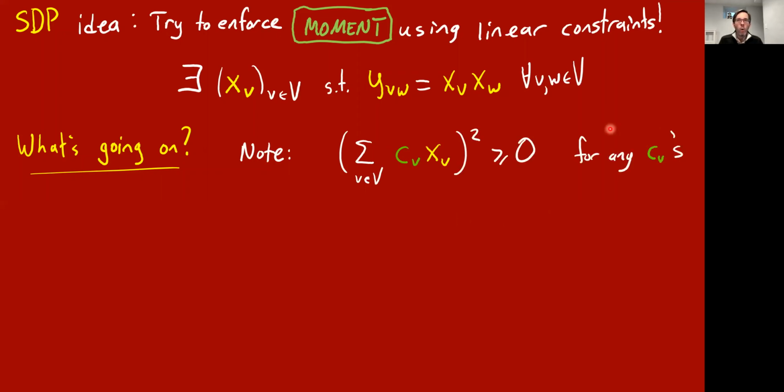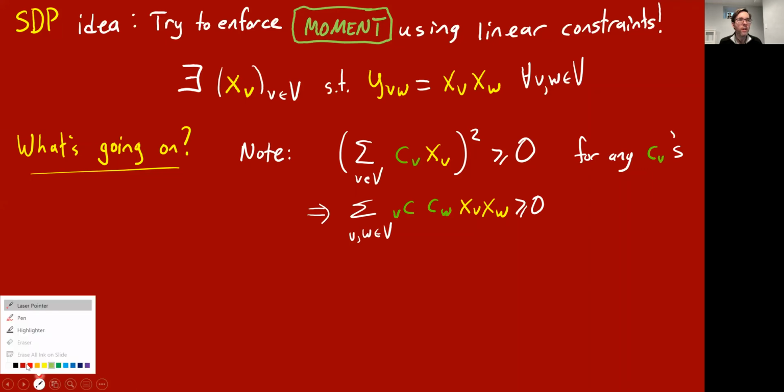One thing that was always happening is we would take some real constants, c_v, and observe that for any real values x, if you sum up c_v x_v and square it, it's non-negative. That's a fact of life. Let me just expand that out. Oops, there's some sort of weird PowerPoint bug here. This should say c sub v, not v super c. Let me try to draw that here.